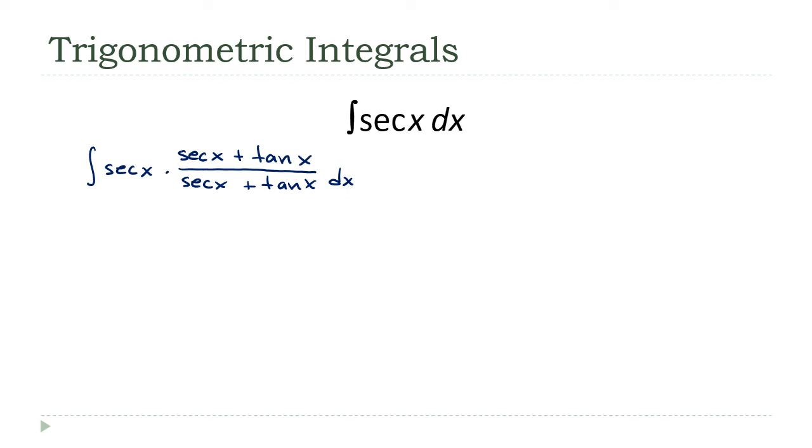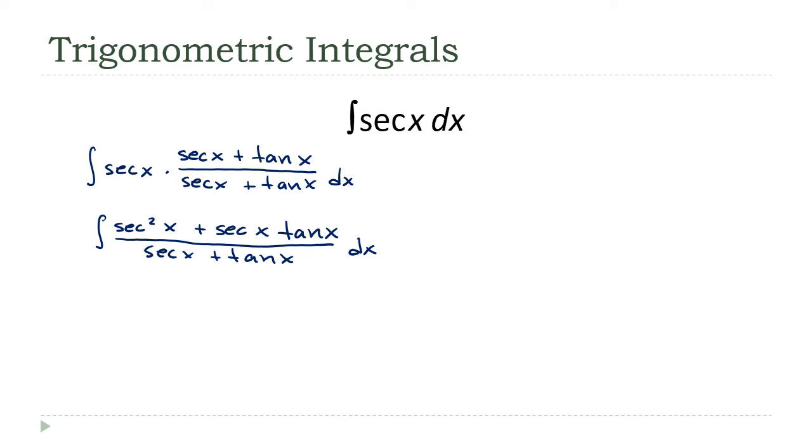So now let's multiply this out. This is the integral of secant squared x plus secant x tangent x over secant x plus tangent x. I want to pause here and give you a second to think about this. See if you can see where we're going to go next. Okay, so what hopefully you noticed is that the numerator of this is the derivative of the denominator.